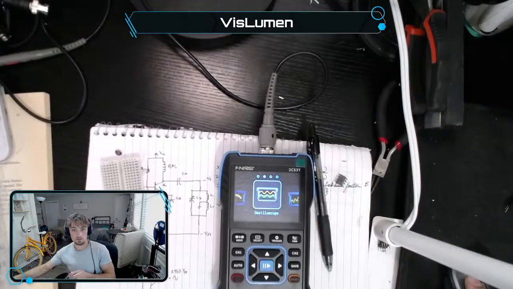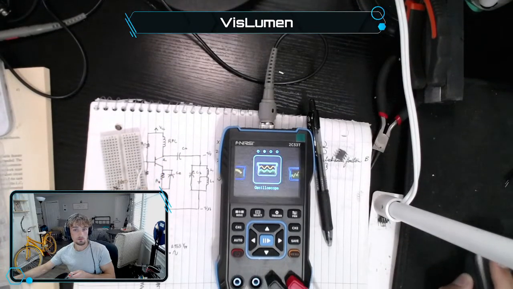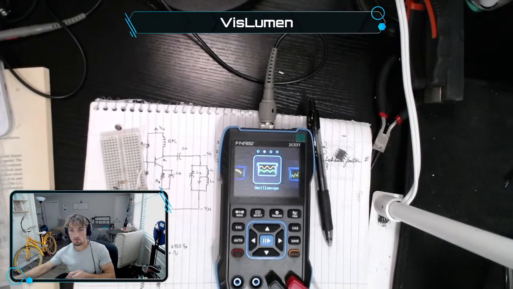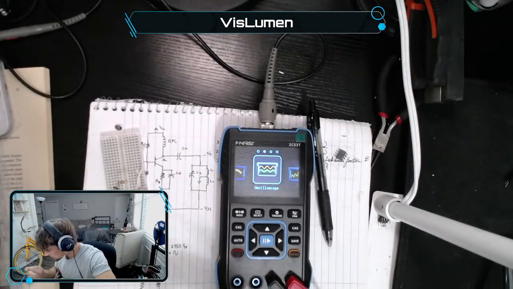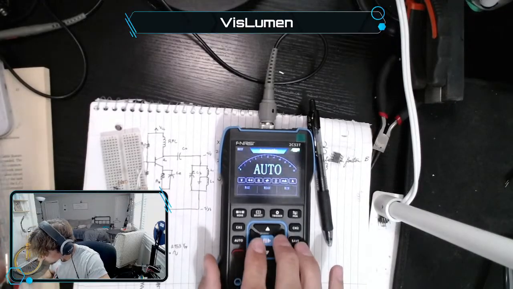Okay, too much tilt now. Okay. There, that's okay, that's all I needed. Let's see if we got a capacitance. Signal settings, multimeter. Probably a multimeter.